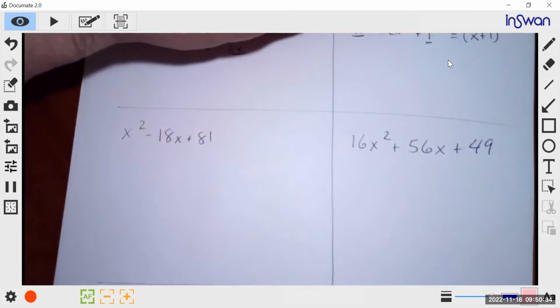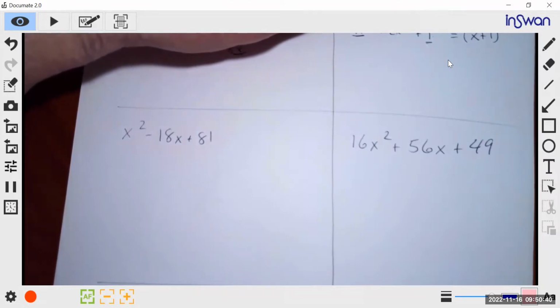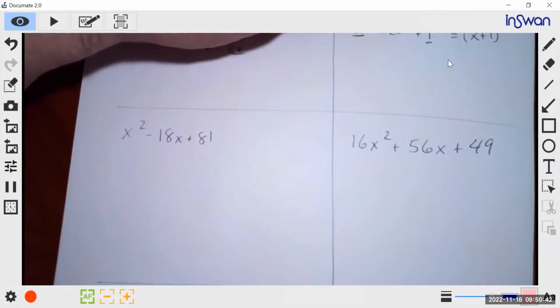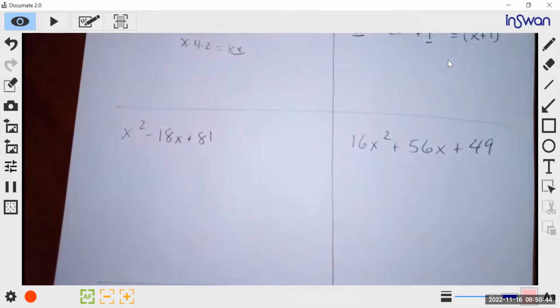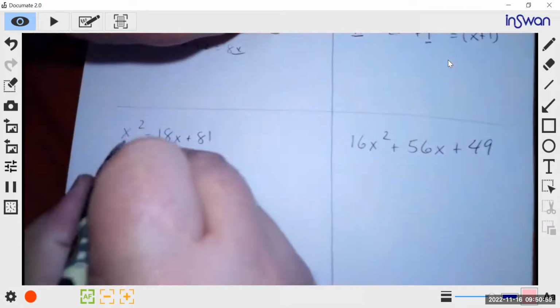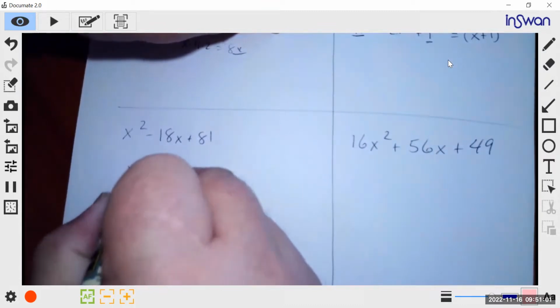Let's look at these. Is the first term a perfect square? Yes.